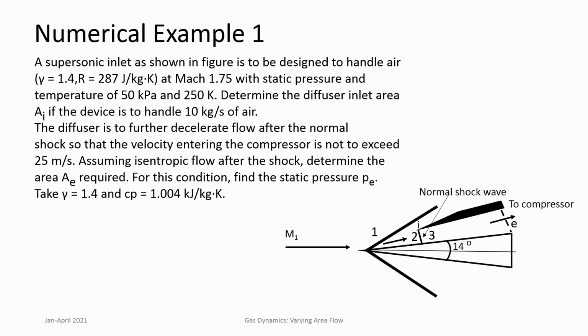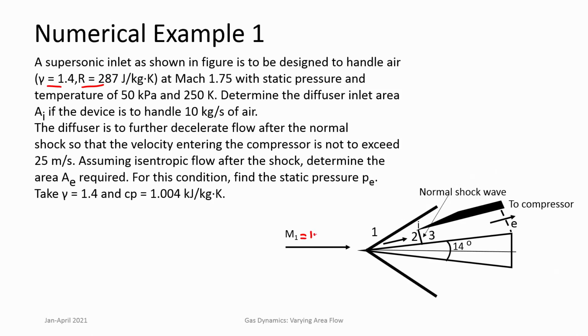First, this is a case of a diffuser, that is, an intake diffuser. A supersonic inlet as shown in the figure is to be designed to handle air. Properties of air are given: gamma, R is 287, at Mach 1.75.